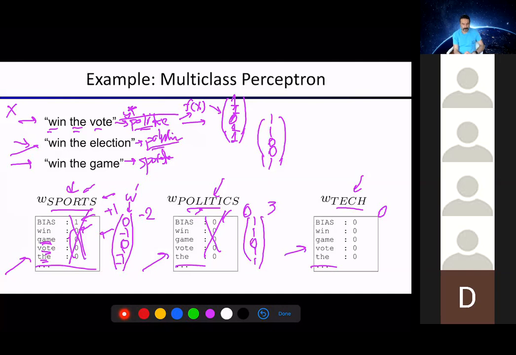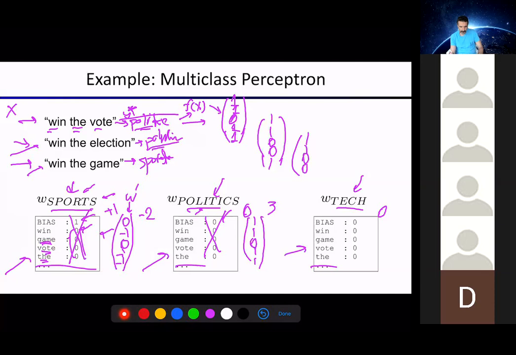What's next? The third example, right? So let's calculate the feature vector for the third example. Win, bias is 1 again. Win is 1. Game is 0. Vote is 0.